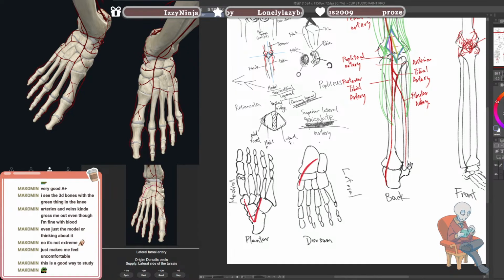It is. Wait, what? Oh, shoot. Oh, I'm on the right track. It's just that I accidentally wrote it wrong. Sorry about that. This side is lateral, and this side is medial. Oopsie doopsie.